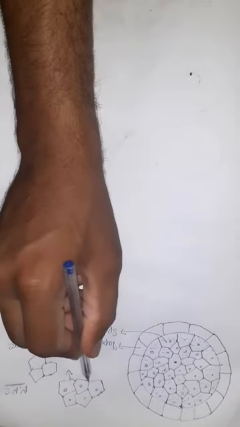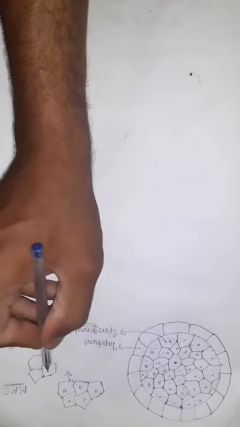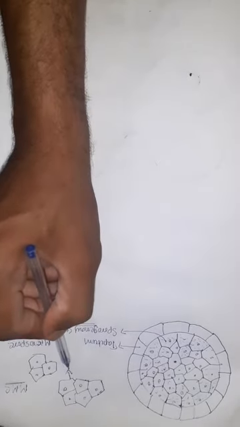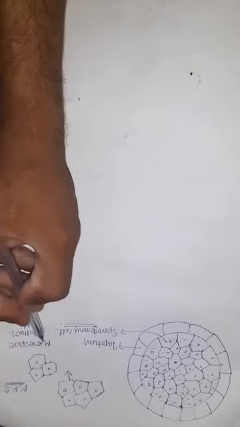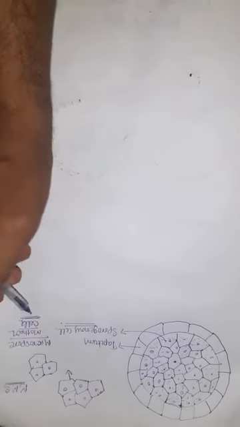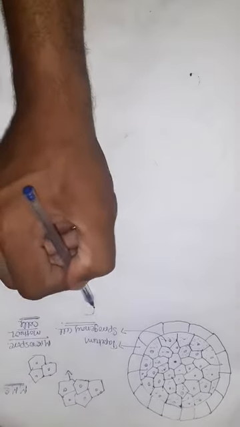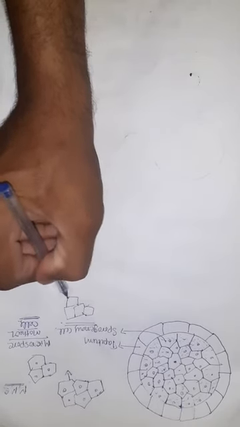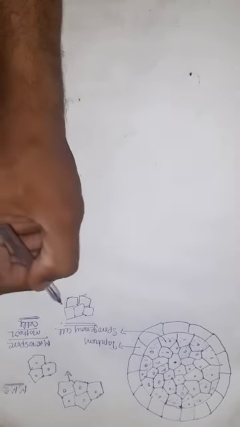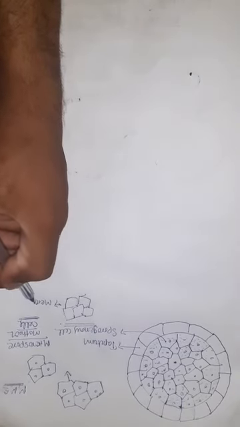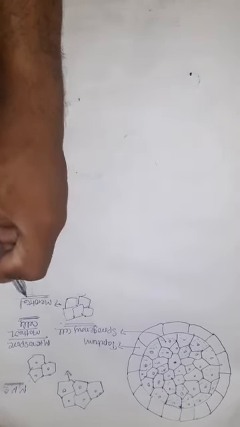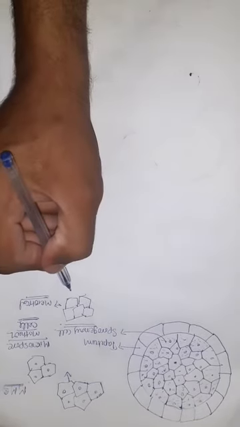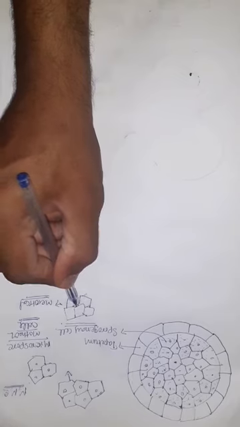These microspore mother cells then undergo meiotic division and give rise to four cells from each.